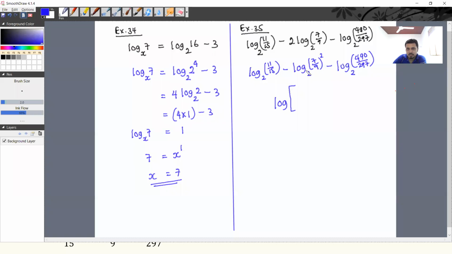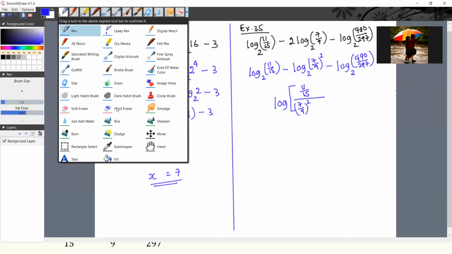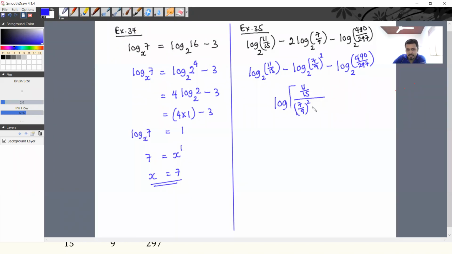This one minus these two, it means 11 over 15 divided by 7 over 9 squared into 490 over 297 to the base 2. So what should be the value?